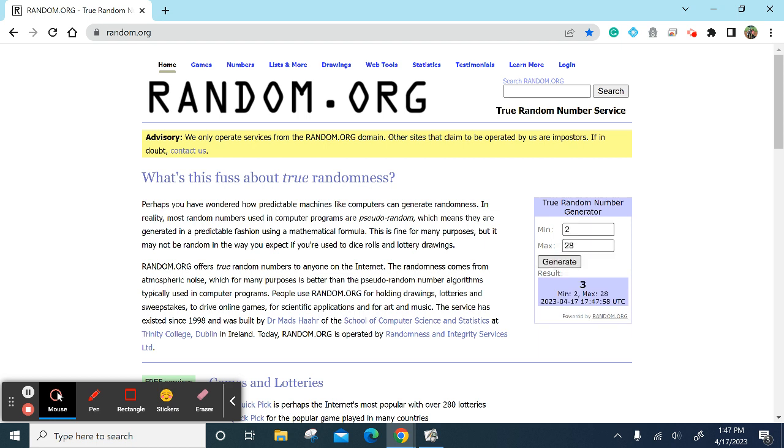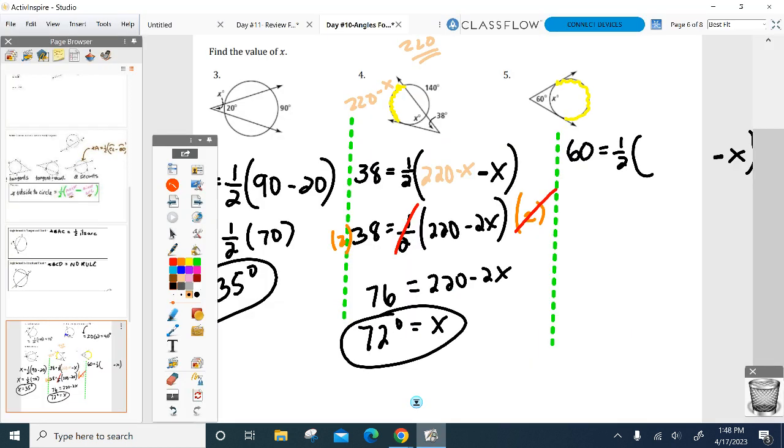Oh boy, Kyle, you're on fire today. 360 minus x. There you go. Don't let lightning strike twice. 360 minus x. All good on how we got there?